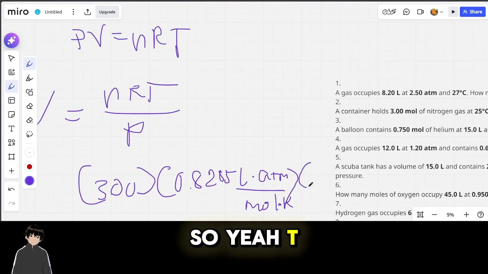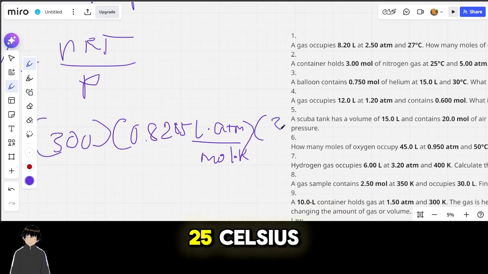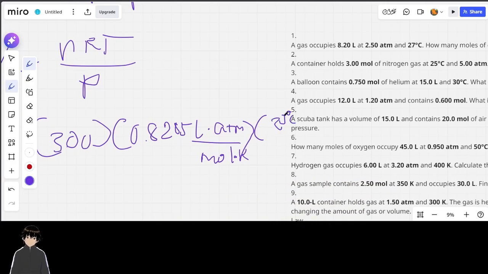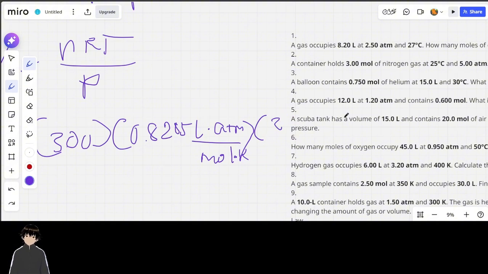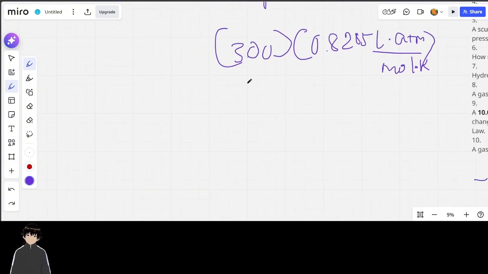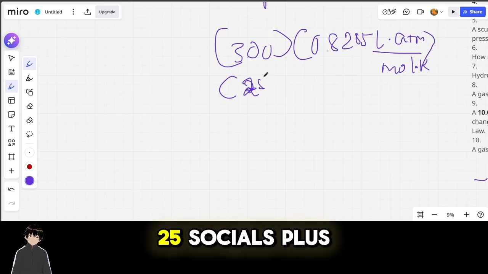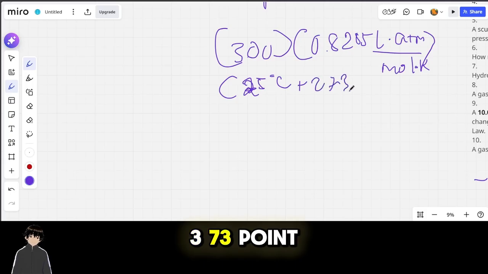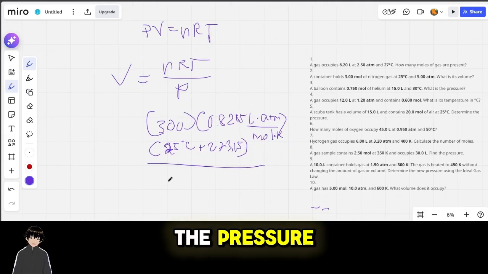Then T. What is the temperature? That's going to be 25 Celsius plus 273.15, and this over P. So what is the pressure?